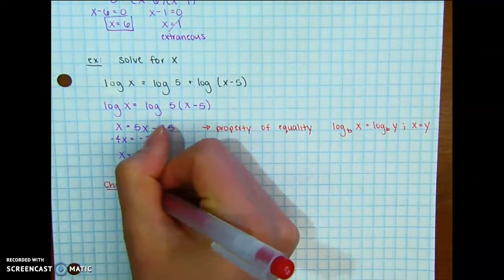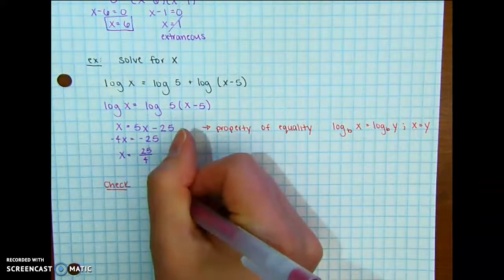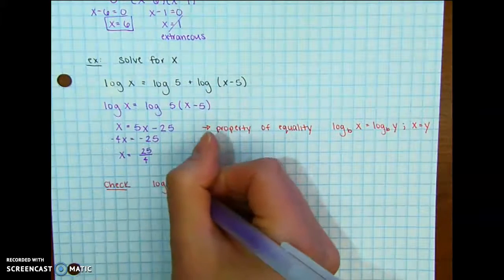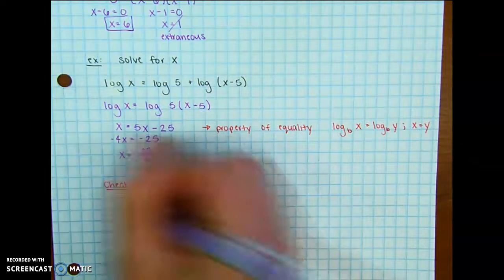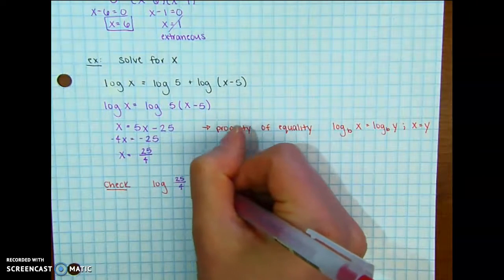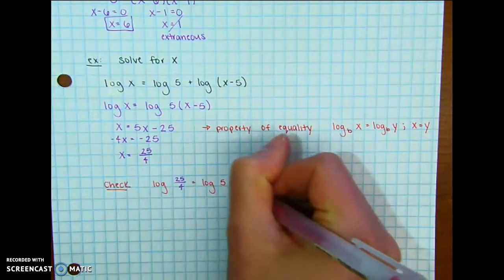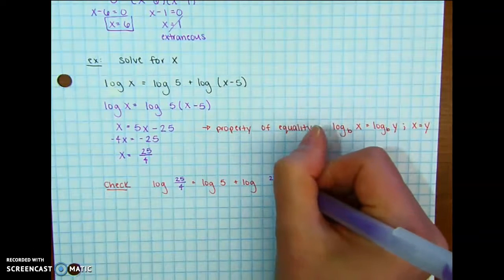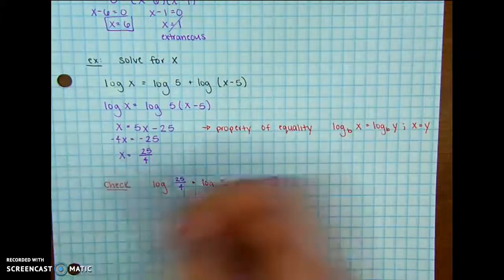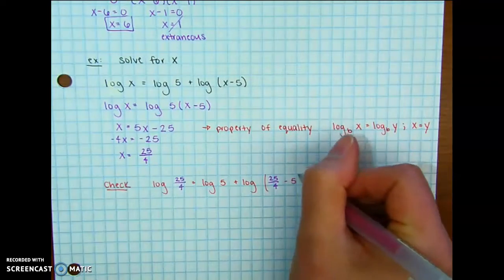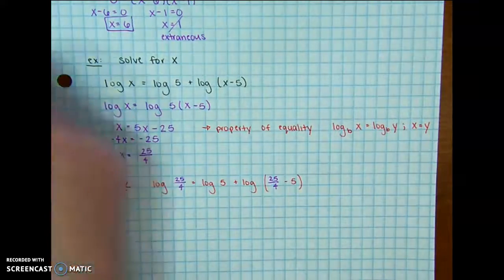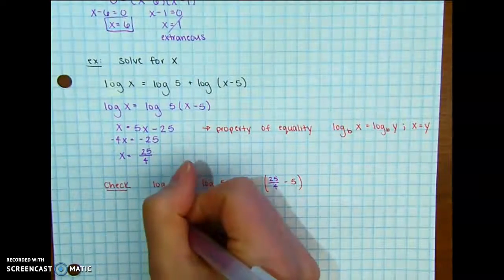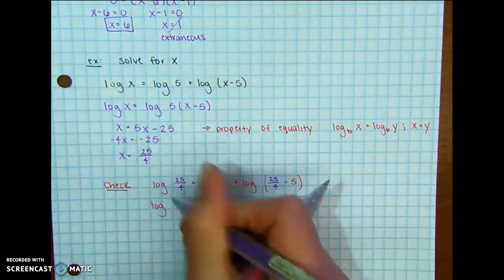So I'm going to substitute in 25/4, so we have log of 25/4. So far, so good. It looks promising. Equals log of 5 plus log of 25/4 minus 5. And then bring everything down.